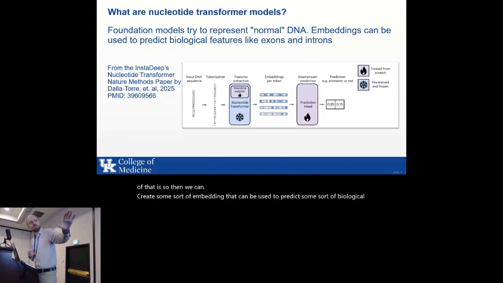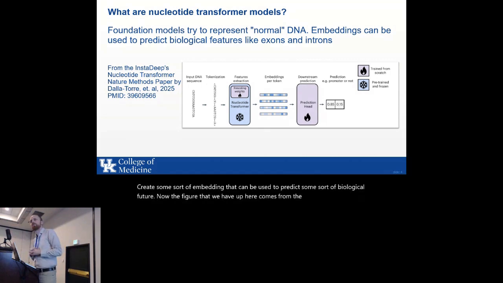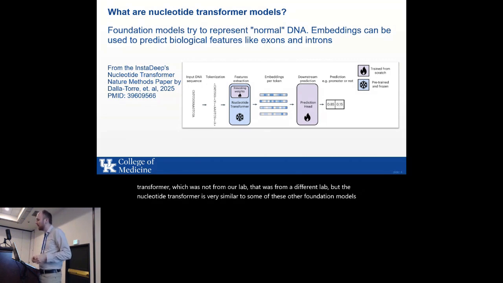The figure up here comes from the nucleotide transformer, which was not from our lab. That was from a different lab. But the nucleotide transformer is very similar to other foundation models, whether it's HyenaDNA or DNABERT or Grover.